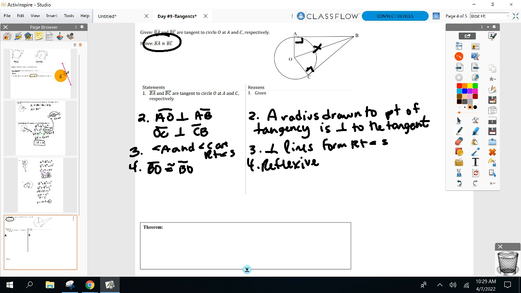AO and OC are radii. AO is congruent to OC. That's something we learned in this unit. How do you have to start this one out, though? Because I'm not going to allow you to write all radii congruent, because that's false. All radii are not congruent. I could show you 2 circles where they're not congruent. In a circle, yeah. They are.